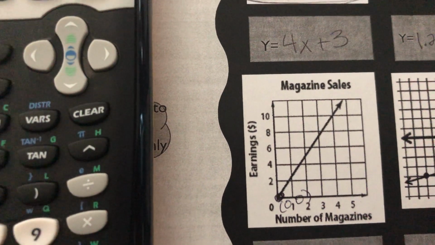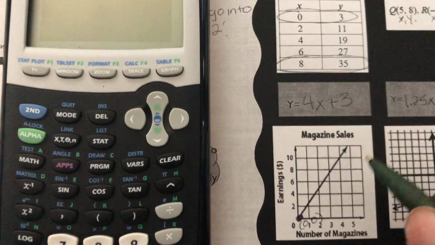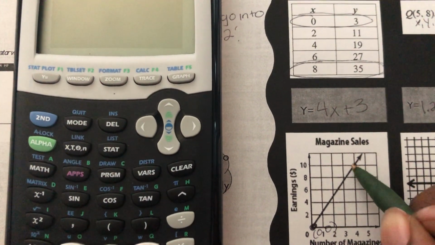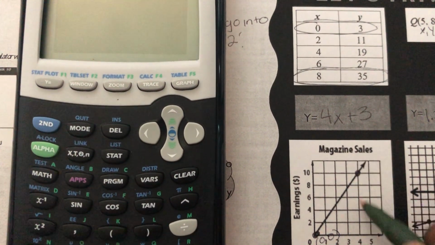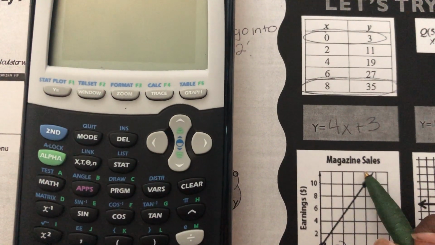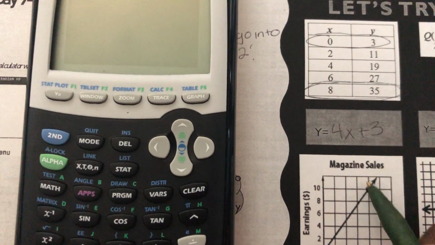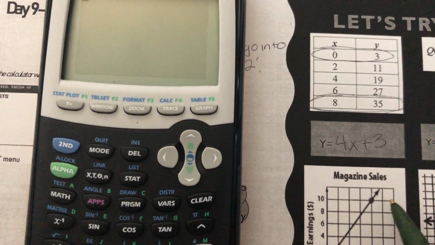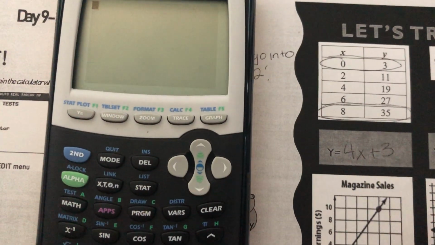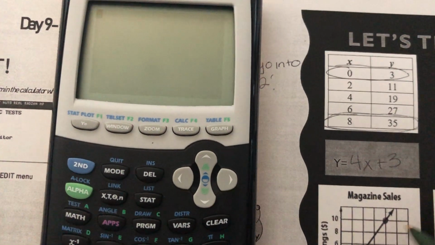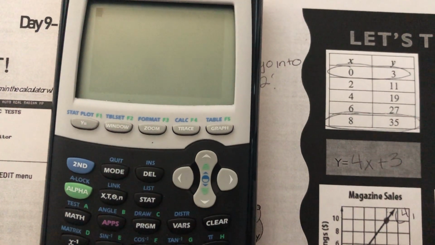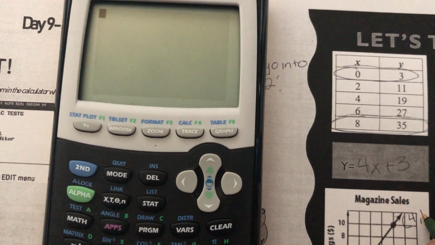But anyway, that's 1 point, and I see another point right here that lands completely on 2 numbers. So it lands evenly on this line right here and this one right here. That's what I mean, just in case you don't know. So this one's at 4 and 10.